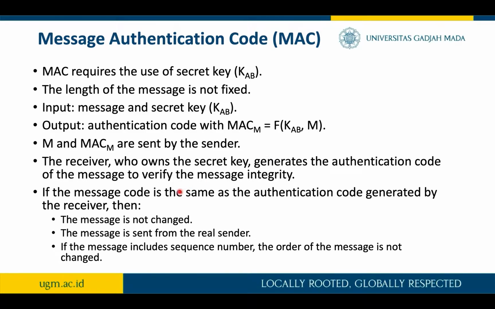Okay, so after the receiver generates the authentication code, if the message code is the same as the authentication code generated by the receiver, then it can be assured that the message is not changed. The message is sent from the real sender, and if the message includes a sequence number, the order of the message is not changed as well. For the second requirement here, actually we need a digital signature as well.